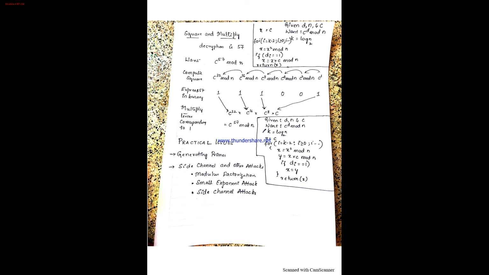Previously they were working with two main concepts, that is time and power consumption. If the system is consuming a lot of power, then in your PIN there are more ones, I mean to say its binary equivalent will have more ones.